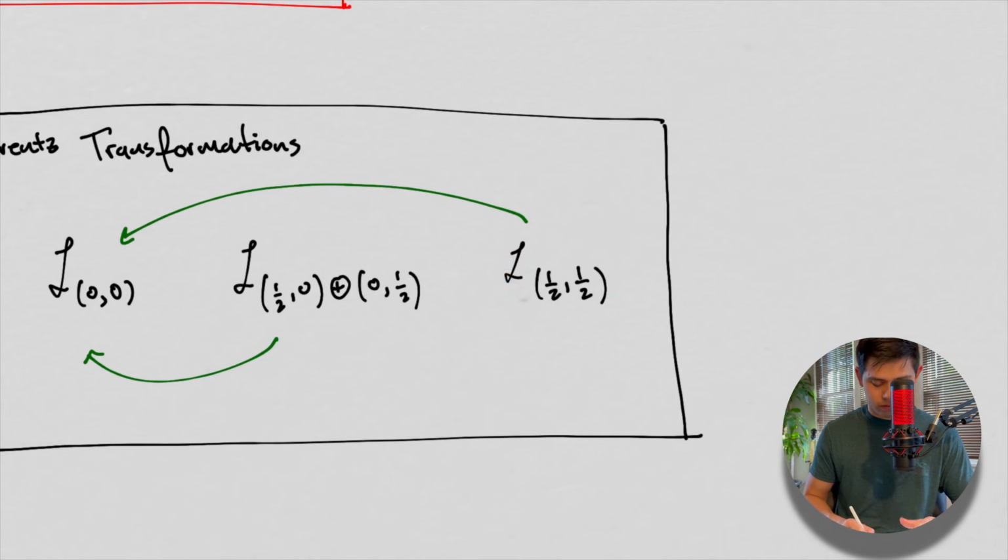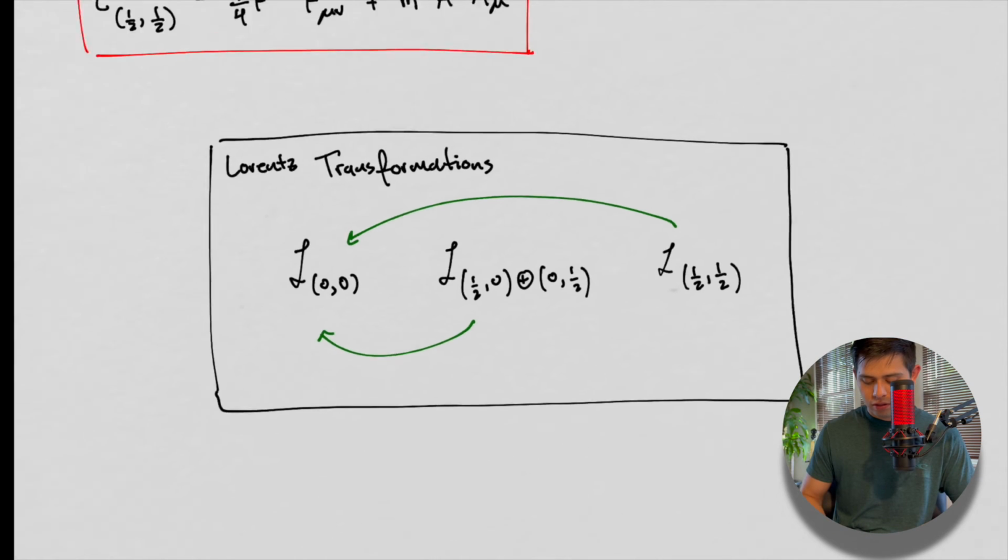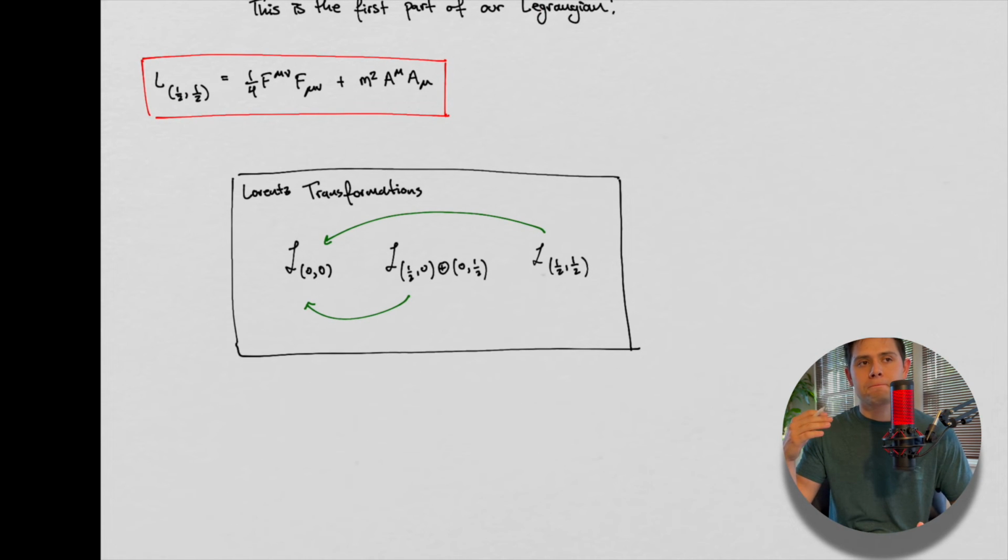These are spin 1, these are spin 1/2, spin 0. The idea here is that there needs to be interactions with spin 1 fields in order to be invariant under local transformations. And we're going to define what a local transformation is in the next video.